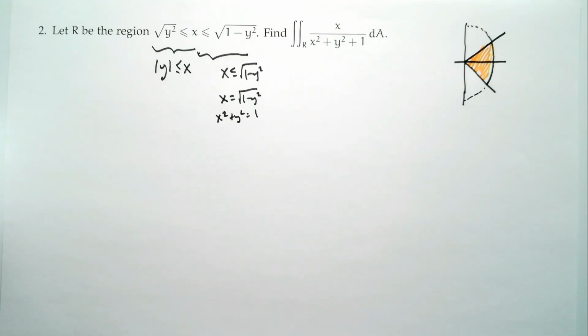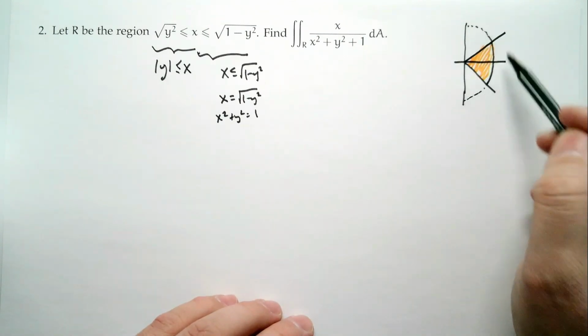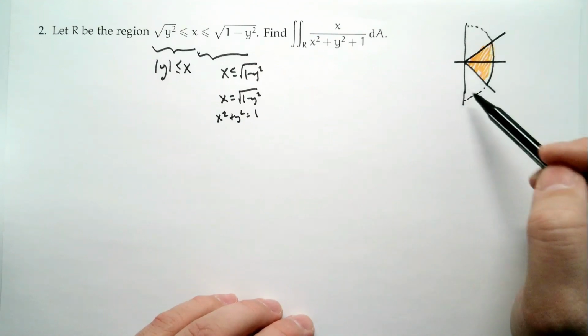Now, what do we want to do? Well, we want to integrate over that region. And looking at this problem, we say, this problem, we should switch to polar. Now, what's the clue of polar? So polar, you're looking for 2 things to suggest polar. One thing you're looking for is a region which is very simple in polar. And this is a region which is very simple in polar.